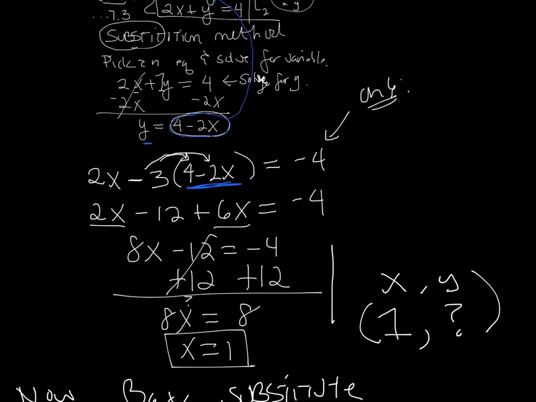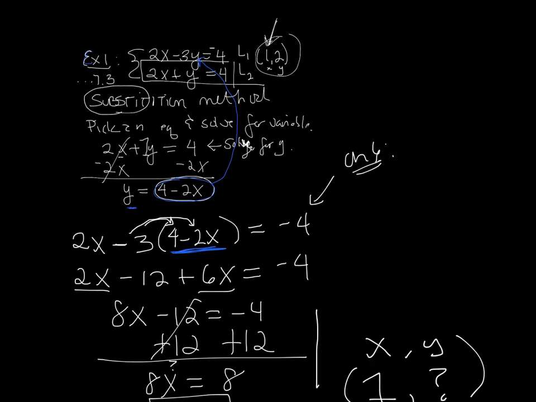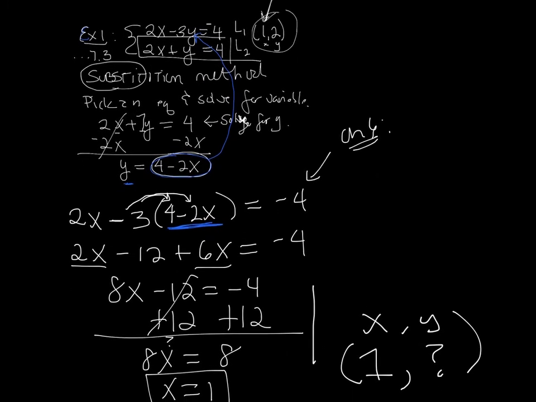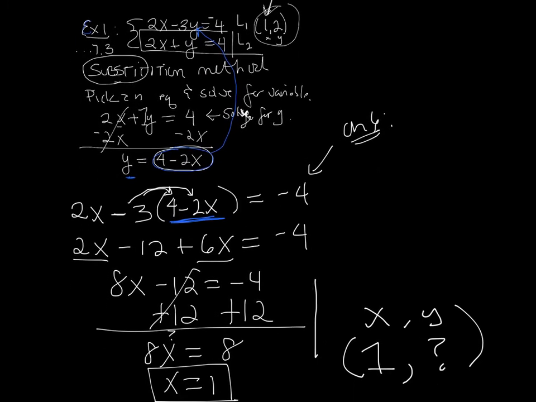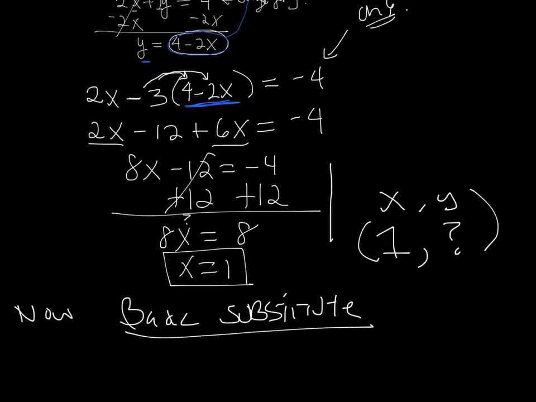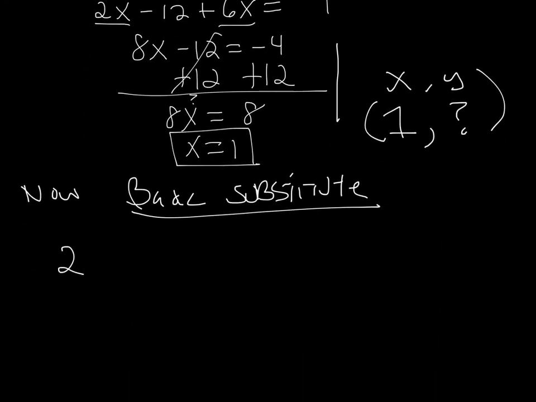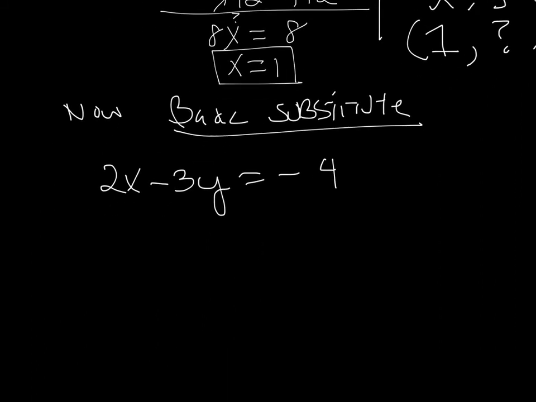So if you pick, I don't know, let's pick maybe the first one. So 2x minus 3y equals negative 4. And I'm just going to plug this guy right back in, right? So 2 times 1, right? And now I have an equation in y.